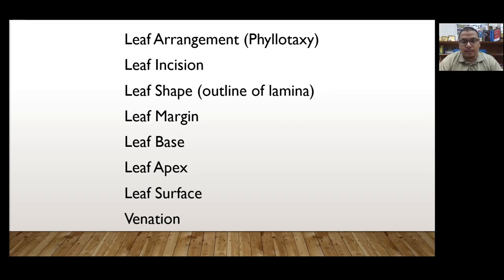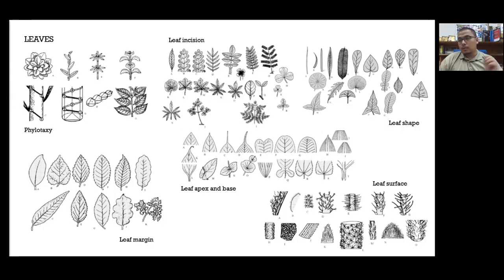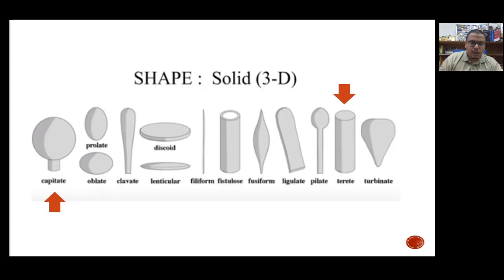Here are some of the characters in leaves used for identification and characterization. These are the groups of terminologies. I can't cover everything in this lecture, of course, but I try my best to explain the most common features that I feel are enough for you to grasp the idea. Again, you can always refer to the textbook for detailed explanations.